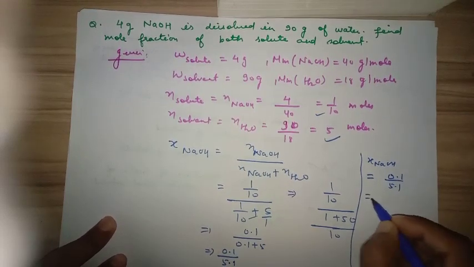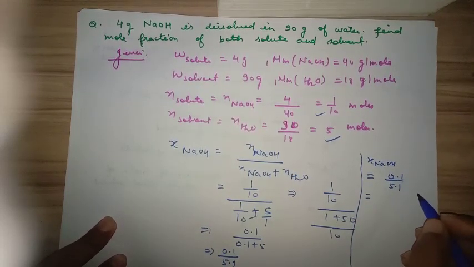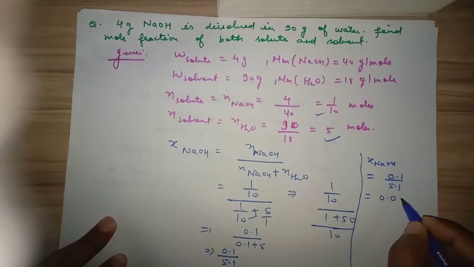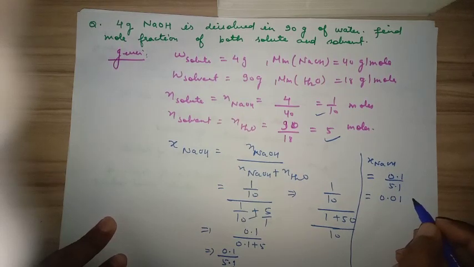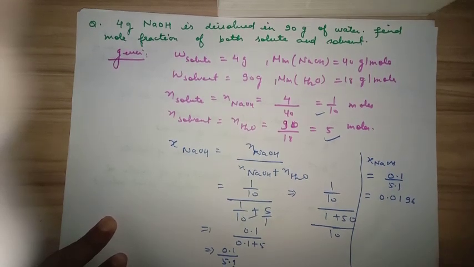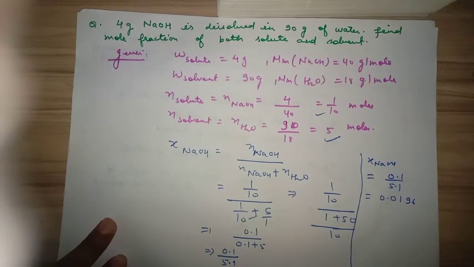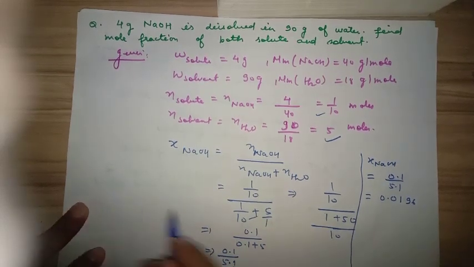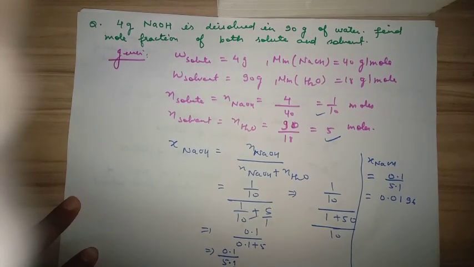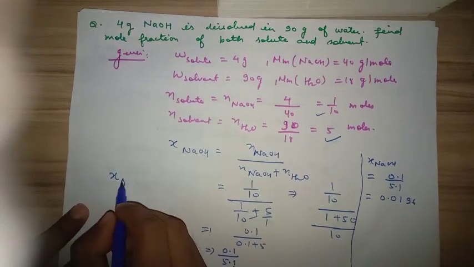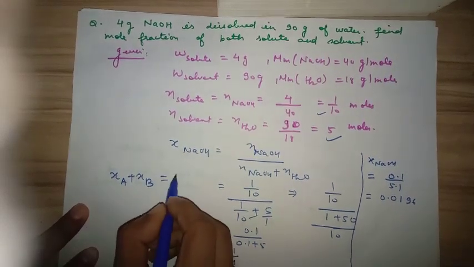On solving, we approximately get 0.0196. So this is the mole fraction of NaOH. Now the sum of the mole fractions of solute and solvent is always equal to 1. So we can say that xA plus xB will be equal to 1.